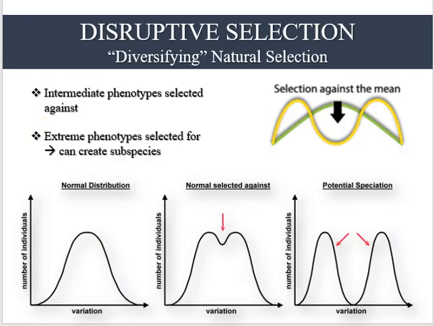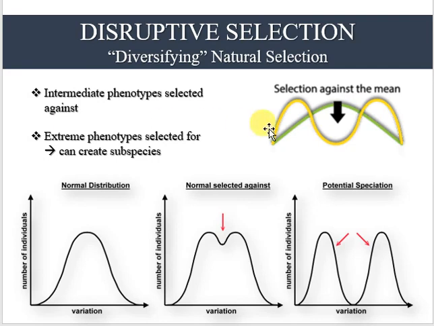Then there's disruptive selection, which is completely on the opposite side, or counter to stabilizing selection. Disruptive selection occurs when conditions in a habitat favor individuals that are kind of on the extremes of the phenotypic range, rather than individuals with the intermediate phenotypic trait.